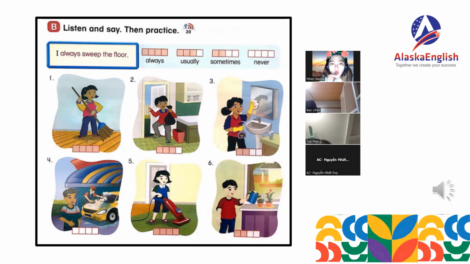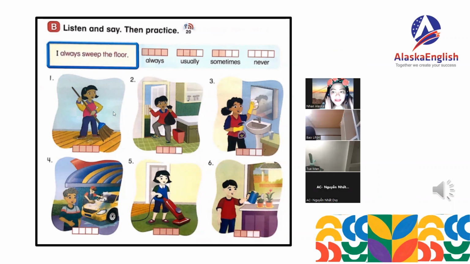We learned about always, meaning all the time, usually, sometimes, and never. It's like I never try it, okay? Never. So frequency words, take note, they are always placed before the verb. I always sweep the floor.